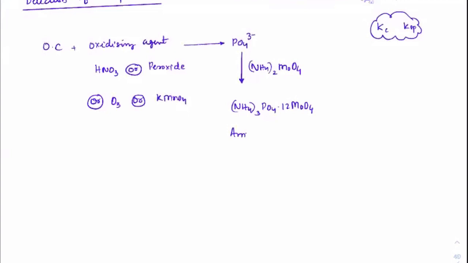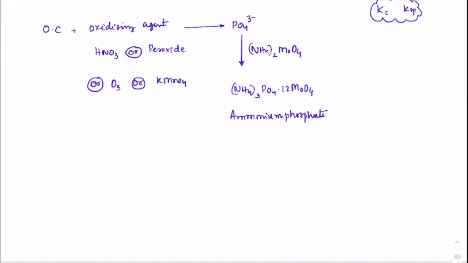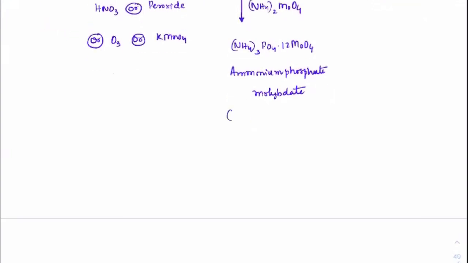It is known as ammonium phosphomolybdate. So this is the molybdate formation, and it will have a canary yellow color, a very pale yellow color.